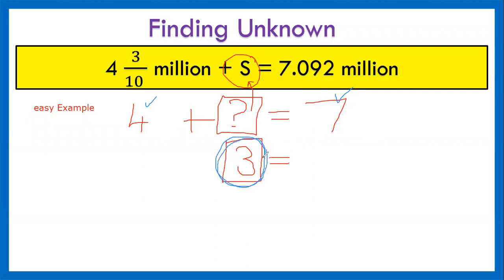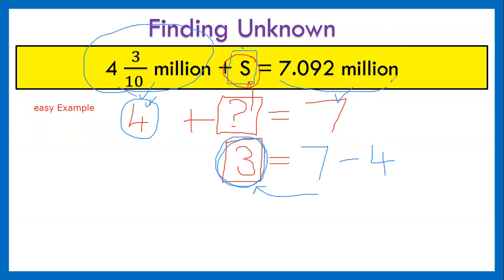So this is where you need to think. How do I get 3 using 7 and 4? To do that, I would need to take 7 and minus 4. Only when I do this, I will get the answer 3. You see that? So now, your 3 is this unknown here. Your 4 is this first number here that you know.